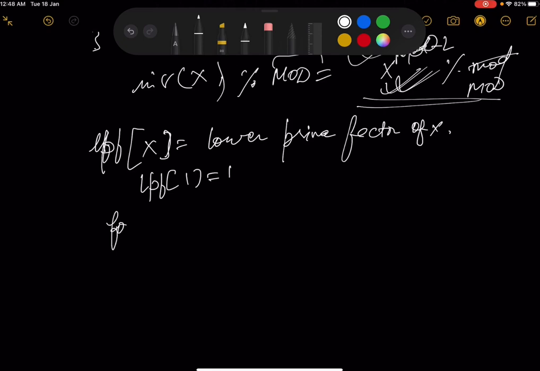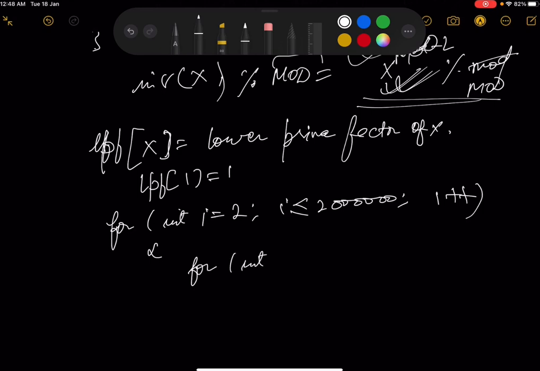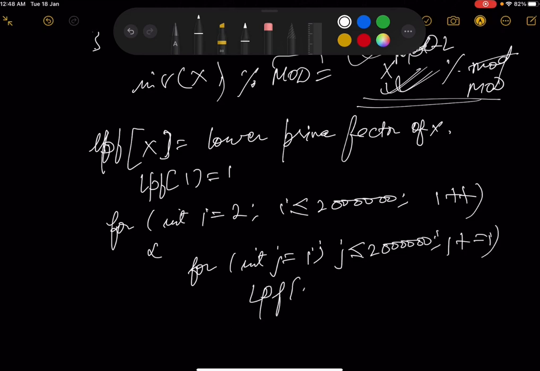Now we iterate from I equal to 2, while I is lesser than or equal to 2 into 10 to the power 6, I plus plus. For j equal to I, while j is lesser than or equal to 2 into 10 to the power 6, j plus equal to I, we simply say that the lowest prime factor of j will be equal to I. In this way we can calculate the lowest prime factor.